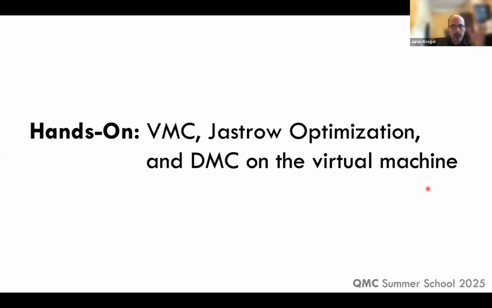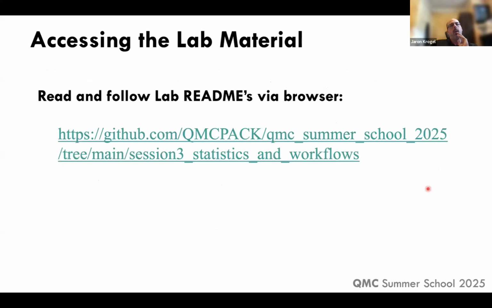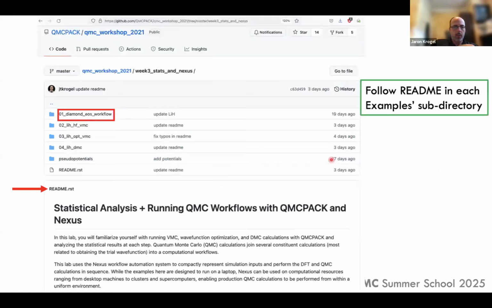So I'll give a little bit of an overview of these different labs on the virtual machine that you'll get to do. To access the lab material, just navigate to the summer school main link on GitHub. They're in session 3, statistics and workflows. You should come to a page that looks like this online.